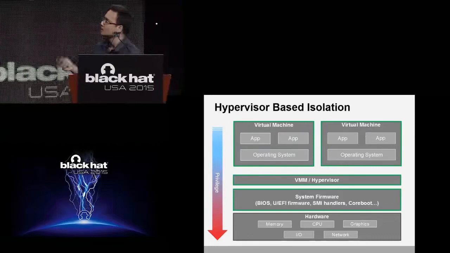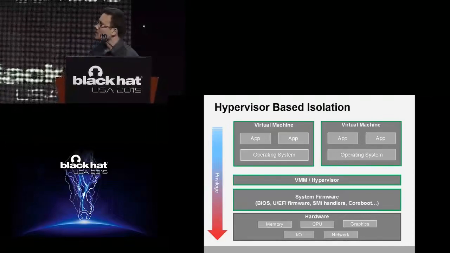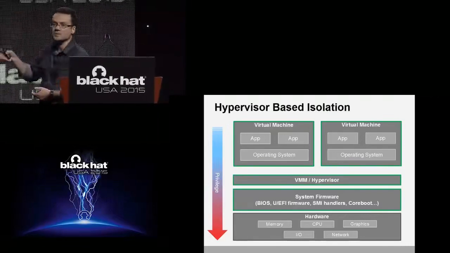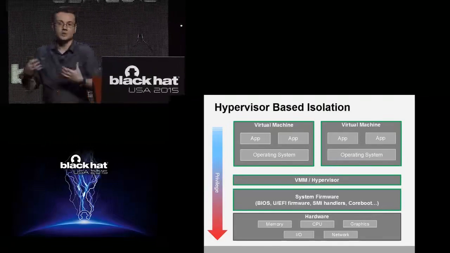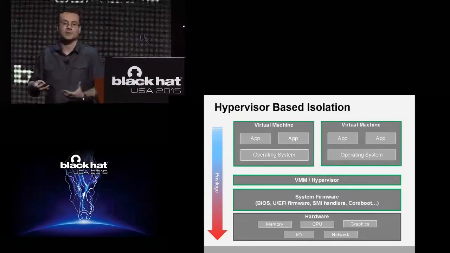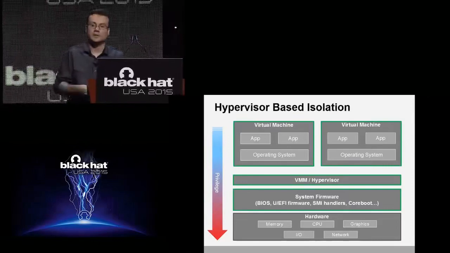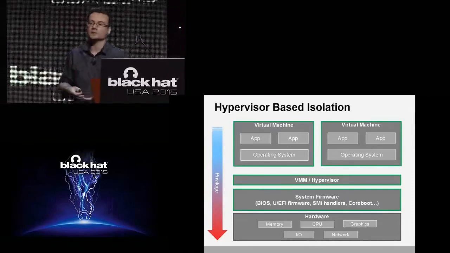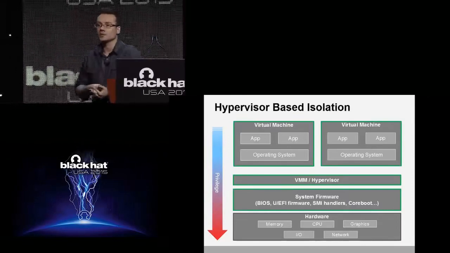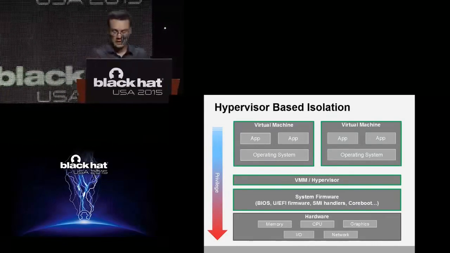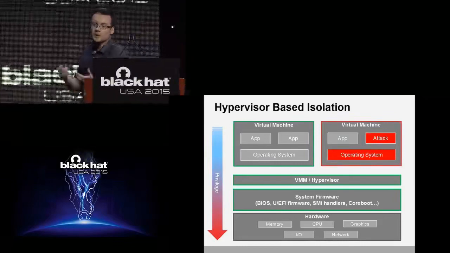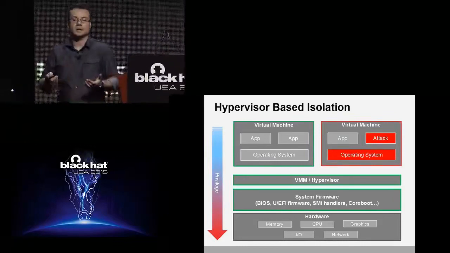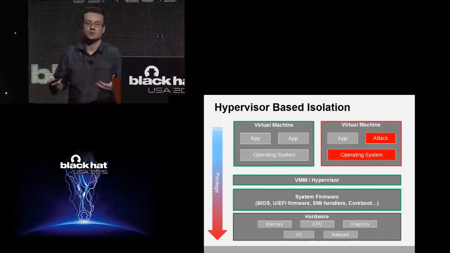You can see that the privilege level increases from top to bottom. Basically, if you have a compromise in a virtual machine, you have certain impacts, but if you have a compromise inside firmware, then the privileges that the exploit has obviously grow with that. Hypervisors are good at providing isolation between virtual machines.